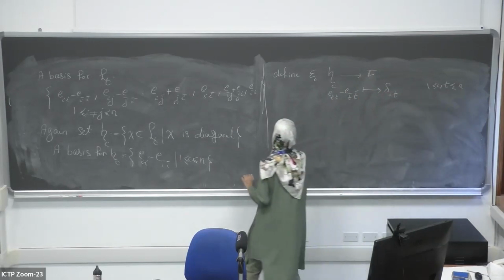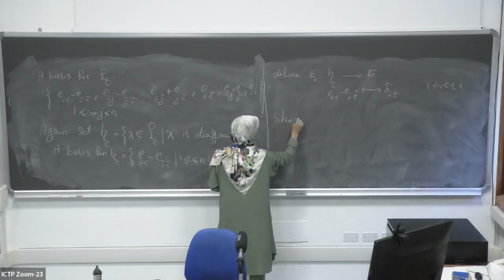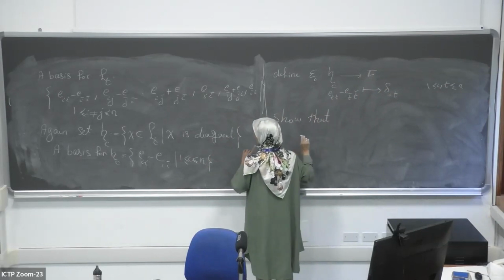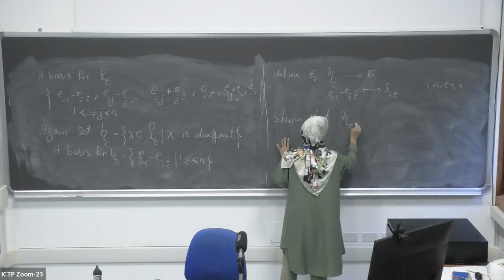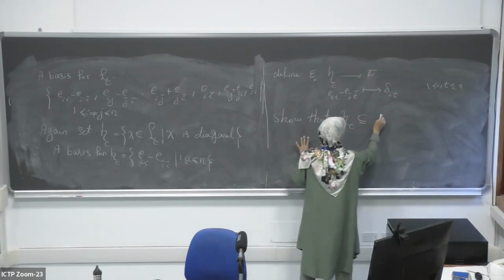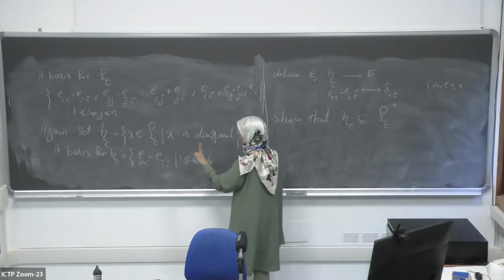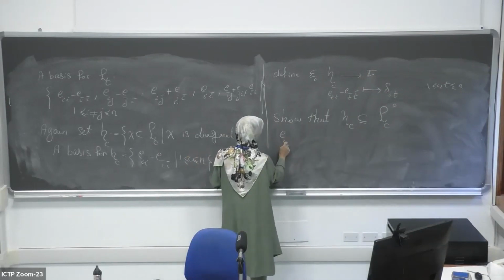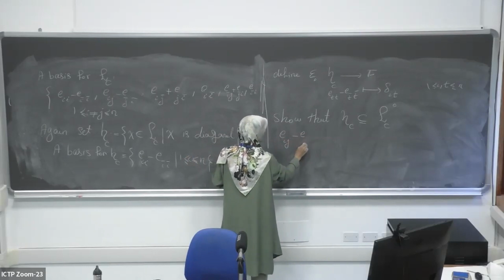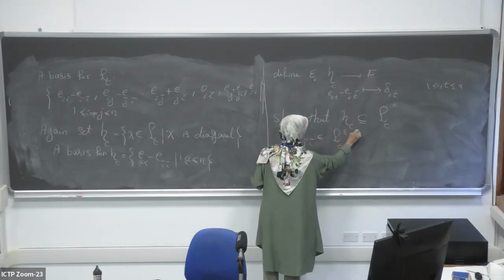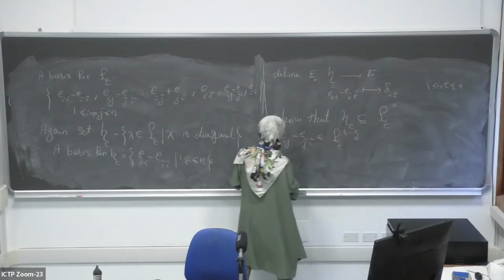And as an exercise, show that H_C is a subset of L_C^0. Show that E_ij minus E_j̄ ī is an element of L_C epsilon_i minus epsilon_j.